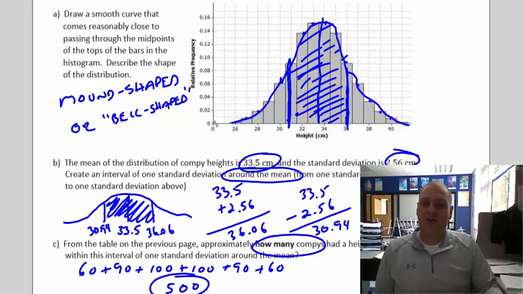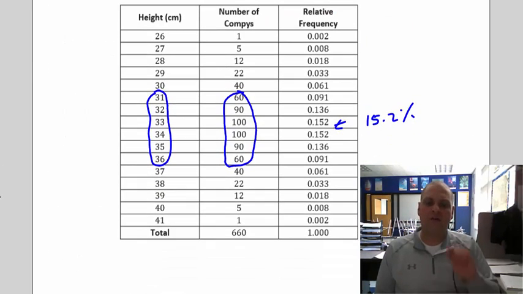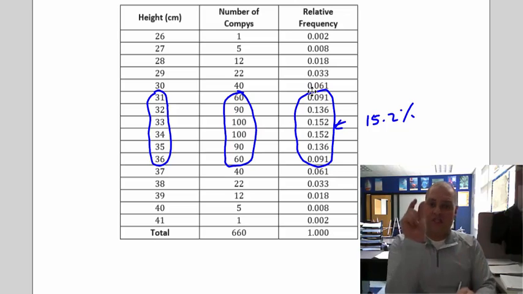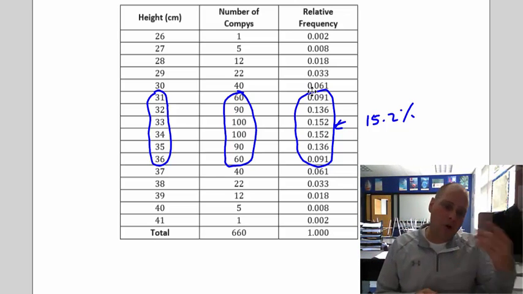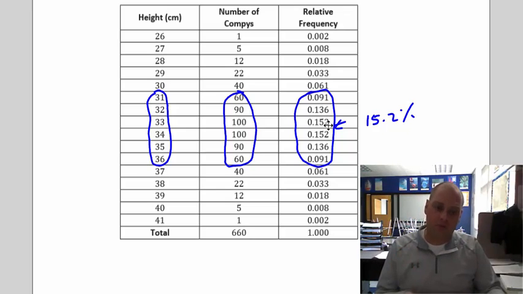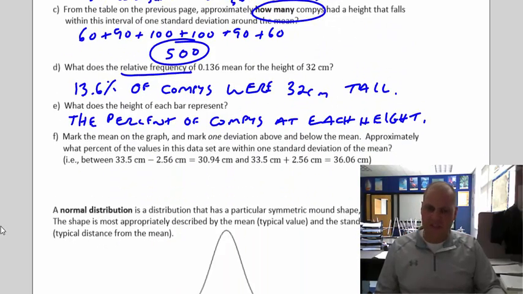What they want you to do is find the probability that it's within 1. So it's easier to use the table in this case. I just want to add up all my probabilities. These are the individual probabilities for each bar. Well, I want all of them, so I got to add all those up. 0.091 plus 0.136 plus 0.152, and so on. I did it ahead of time just to save time.